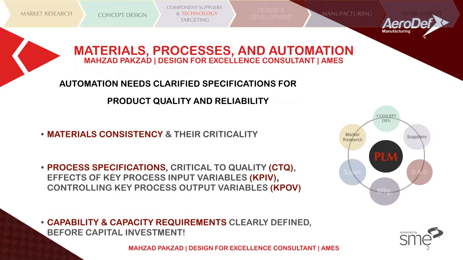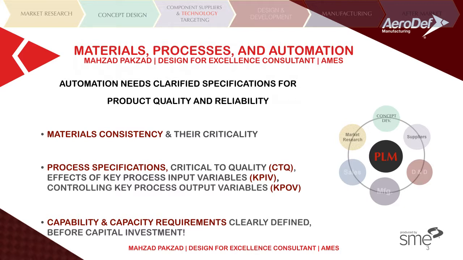Now, you cannot have that when you want to design automated equipment to run your processes. You have to know exactly what is acceptable, what is not acceptable before you spend millions of dollars on a piece of automated equipment. So here we go.